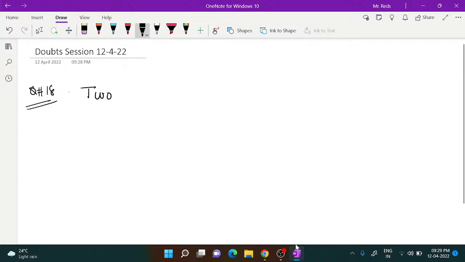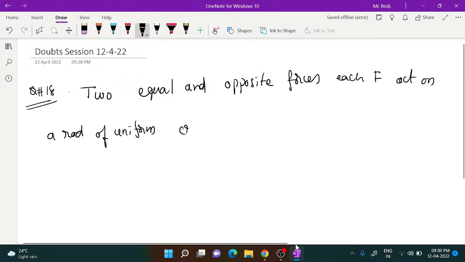Two equal and opposite forces act on a rod of cross-sectional area A, as shown in the figure.